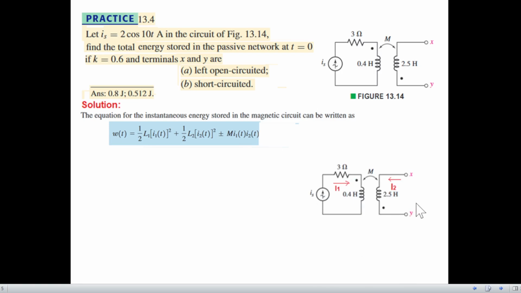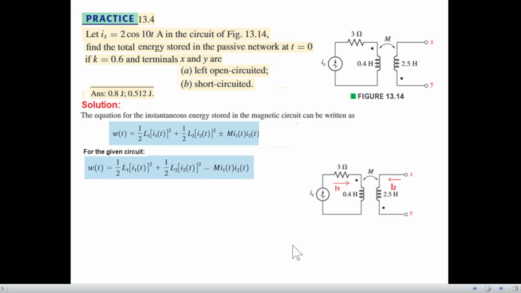Okay, so in this circuit I have assumed two currents. Current I1 is from left to right and I2 is from right to left. You can assume any current direction as long as you follow the convention. Now from this circuit we are going to write this equation with the minus sign.